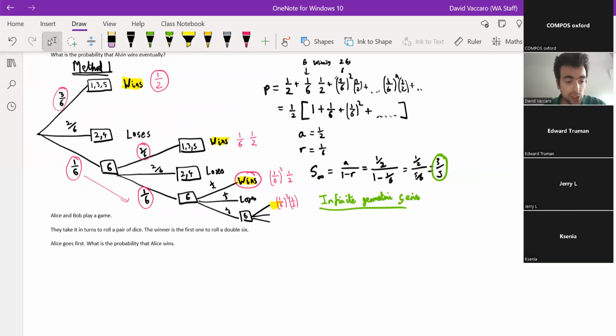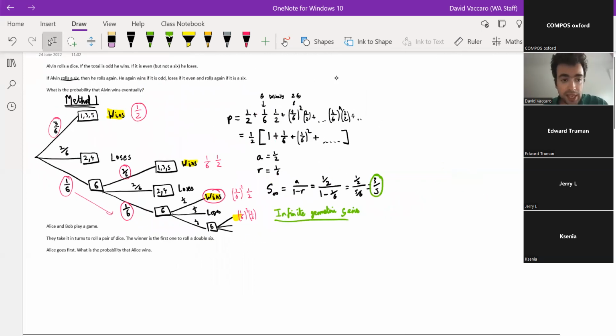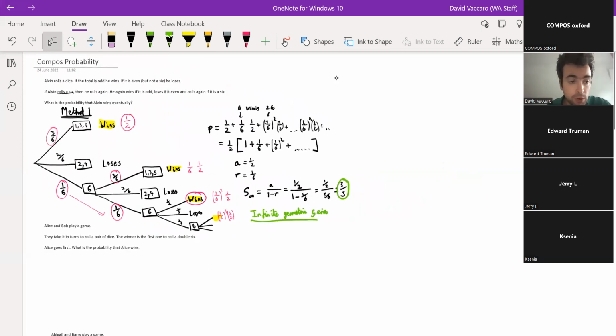Is there a way to avoid this infinite tree? Oh, sorry. Did someone just say something? Oh, the question says, are there other methods? Yes, there are indeed other methods. And I'm going to look at a second method now, which avoids an infinite tree.